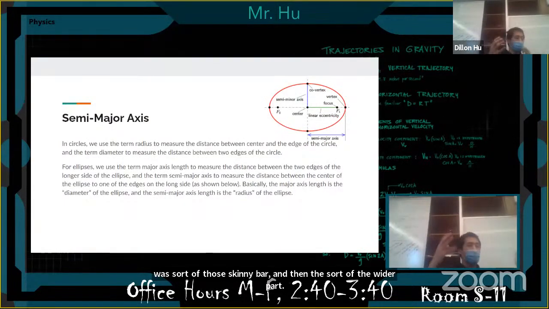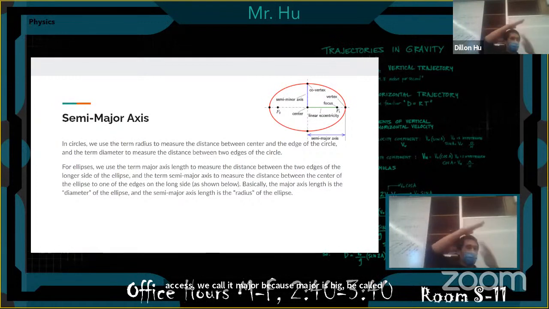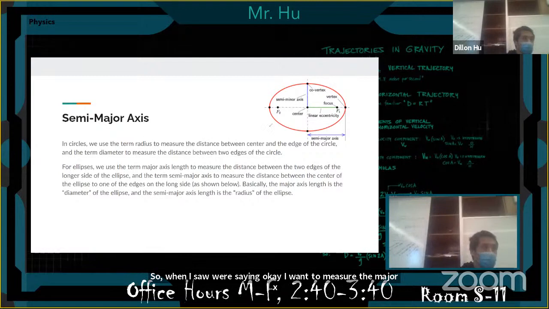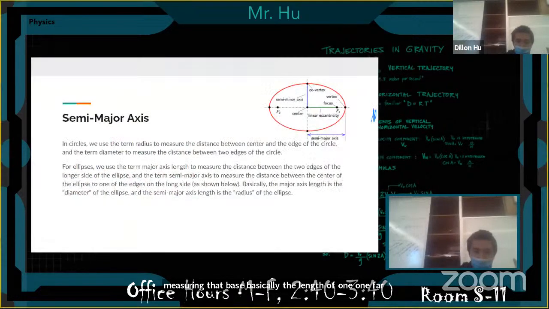Now, the thing about an ellipse and any sort of oval is that there are two parts of it. There is the skinny part, and then there's the wider part. The wider part is what we call the major axis. We call it major because major is big. We call the smaller side the minor axis because it's not as big. So when we want to measure the major axis length, you're measuring one far edge of the ellipse to the other far edge.